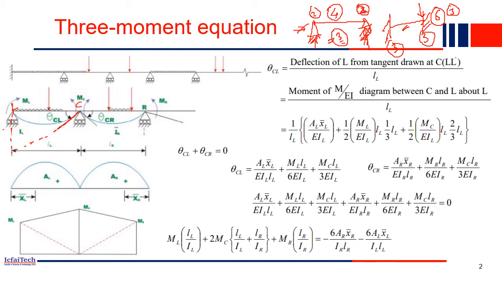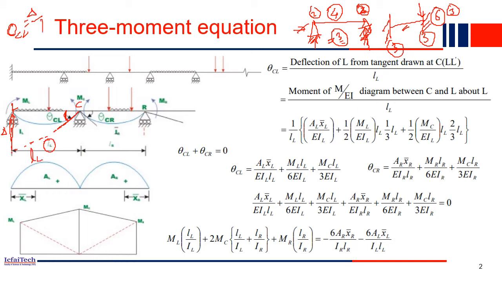At L, whatever the deflection is, this delta I am talking about. So what is θ_CL? θ_CL is this angle. So θ_CL can be written, if you take the triangle, as delta, the total deflection at this point, over the total length. The total length is given to us, this L.